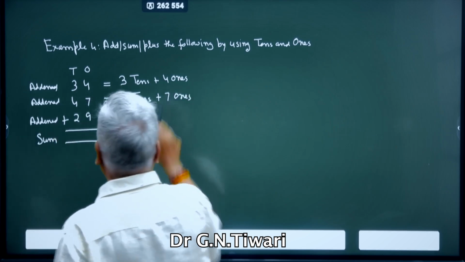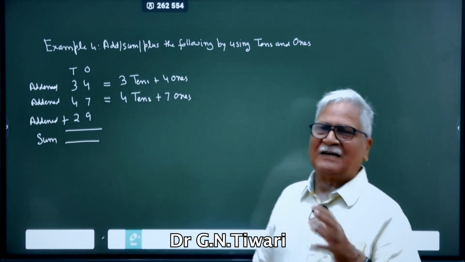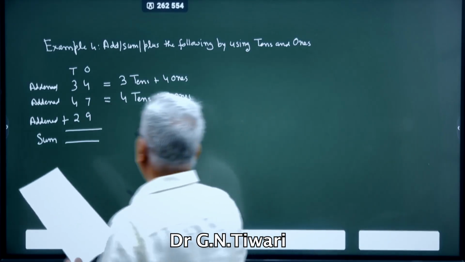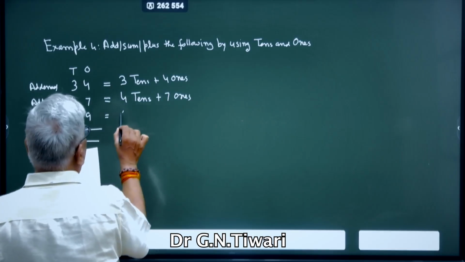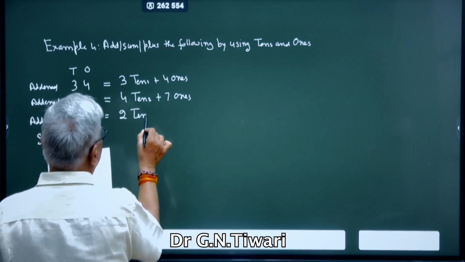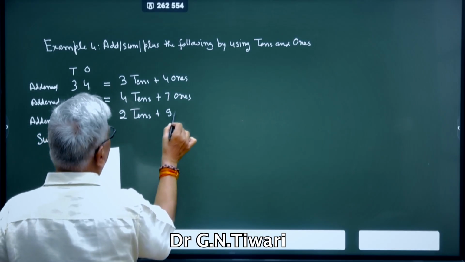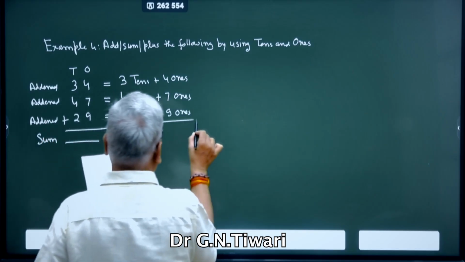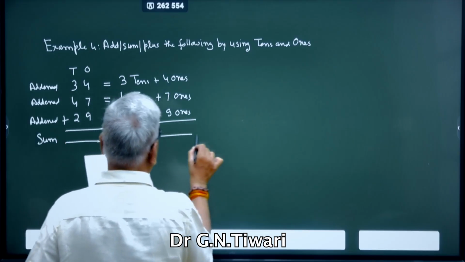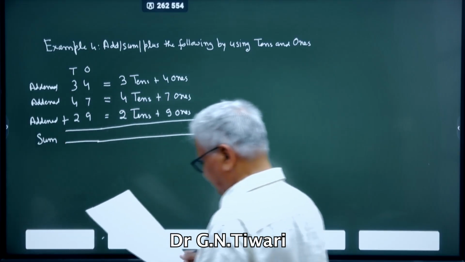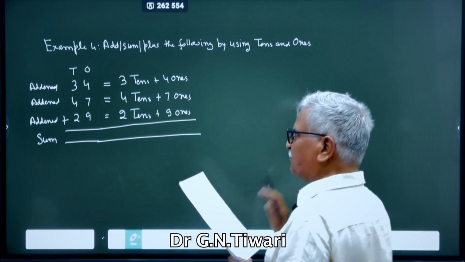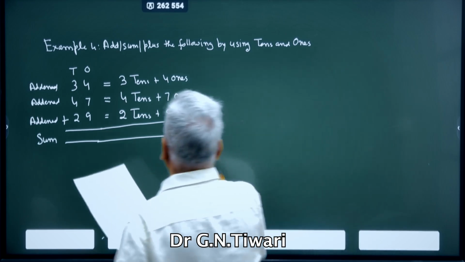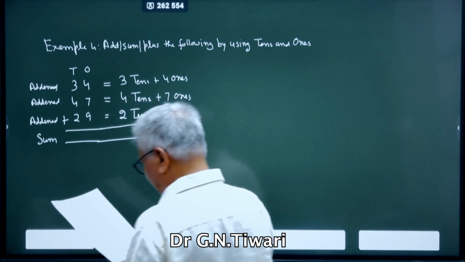You can write O also, but sometimes O can be understood as 0. So because of that I am using the full form. And 29 can be written as 2 tens plus 9 ones. Draw the line here. Simple. Now I will not always tell you how to add 4, 7, 9.